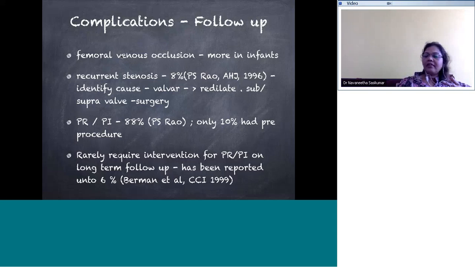But the good thing is that they rarely require intervention for the regurgitation, and the incidence of requiring something to be done for the pulmonary regurgitation after balloon dilatation for pulmonary stenosis is less than 10%. The number quoted was 6% in one of the old series.